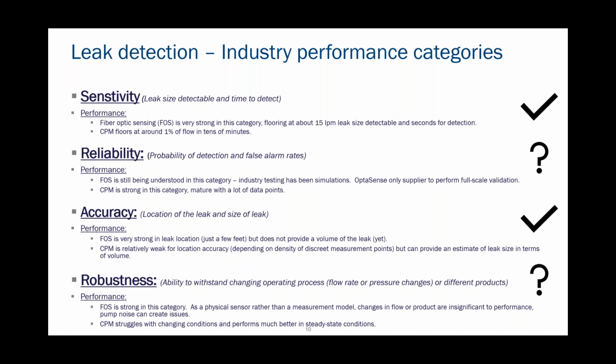The attraction of the fiber optic sensors is that their sensing floor is adaptable to very, very small leaks, in small numbers of liters per minute, and being able to deliver an answer in seconds, compared with a computational technique really limiting at around 1% of flow, but taking tens of minutes to deliver an answer. The fiber optic potentially could be 2 orders of magnitude more effective in terms of overall detected spilled volume.